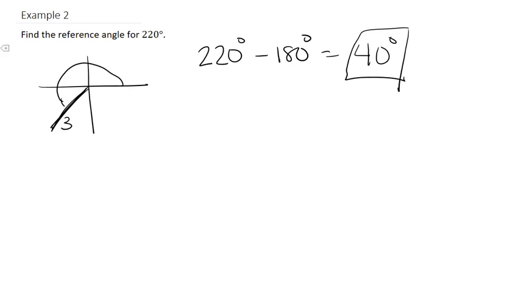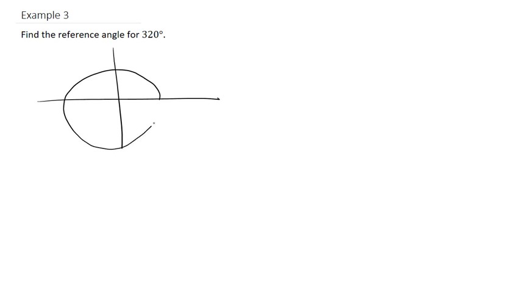Now let's look at example 3. Find the reference angle for 320 degrees. So if we were to visualize this, 320 is somewhere all the way over here. So all of this is equal to 320 degrees.